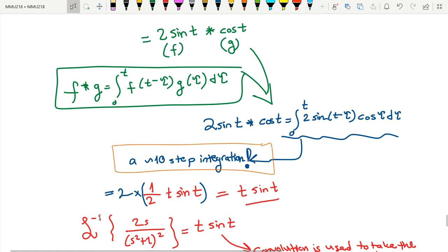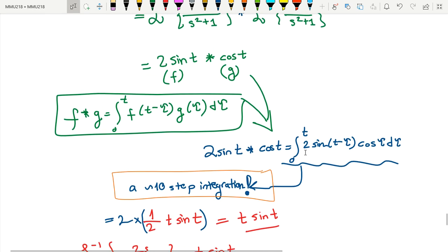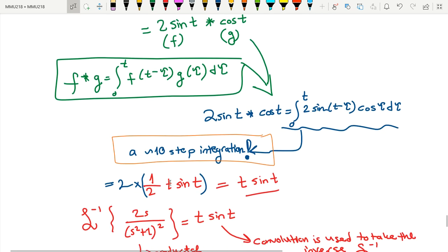And you can reach an expression where the 2 comes from outside. You can pick that 2 out: 2 times one half t sine t. So this means that sine t convoluted with cosine t is one half t sine t.